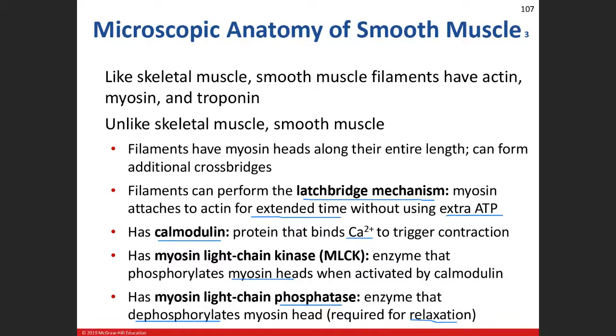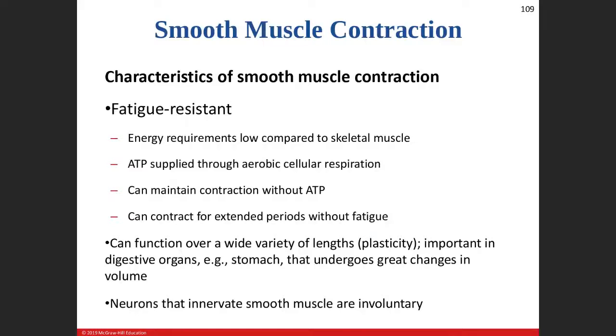So one of the important things that you need to understand about smooth muscle is that it's fatigue resistant. In comparison to skeletal muscle, it doesn't use as much ATP because of that latch bridge mechanism.